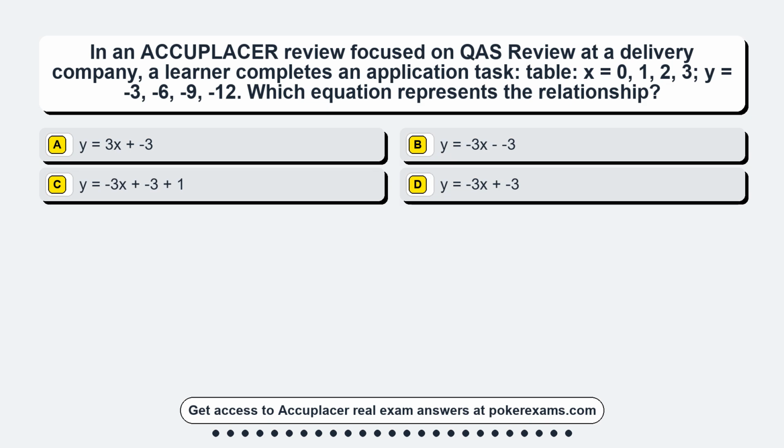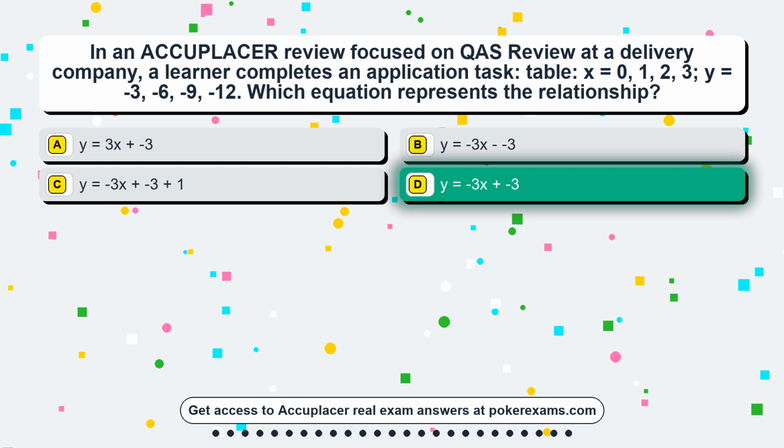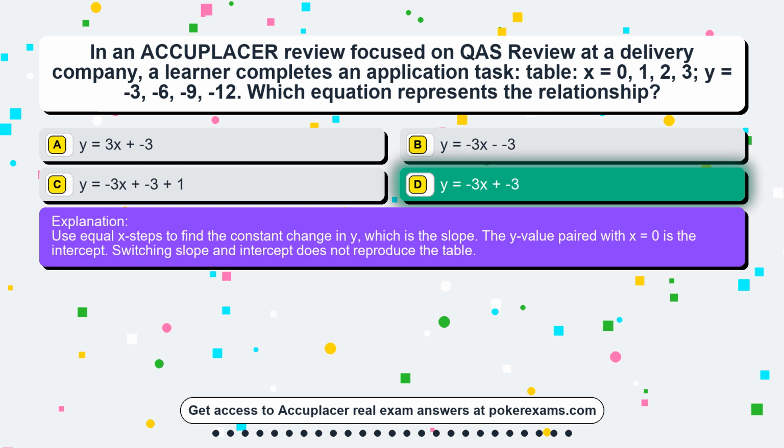Option C, y = -3x + -3 + 1. Option D, y = -3x + -3. The correct answer is option D, y = -3x + -3. Use equal x-steps to find the constant change in y, which is the slope. The y-value paired with x equals 0 is the intercept. Switching slope and intercept does not reproduce the table.